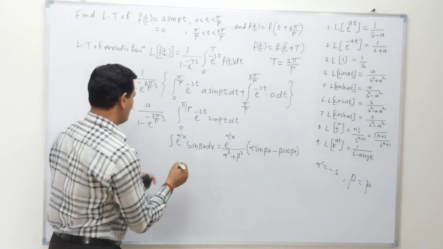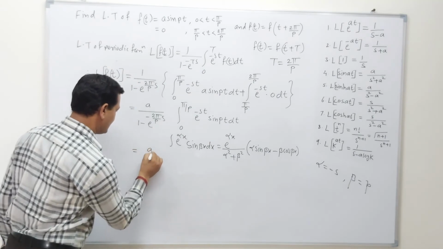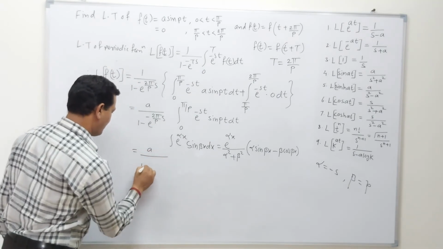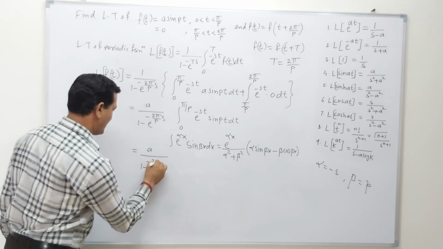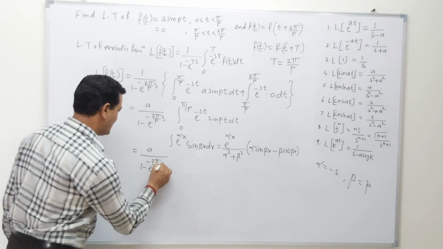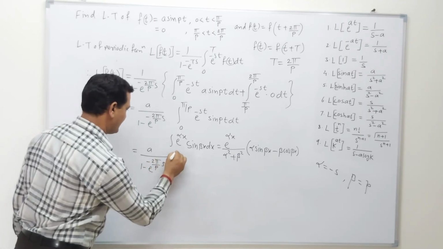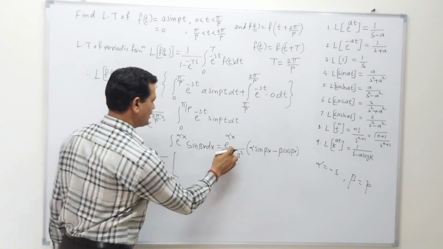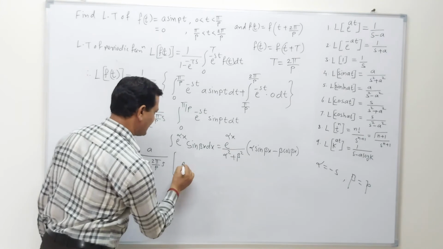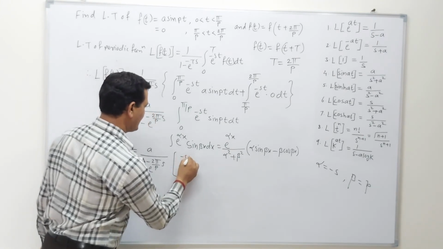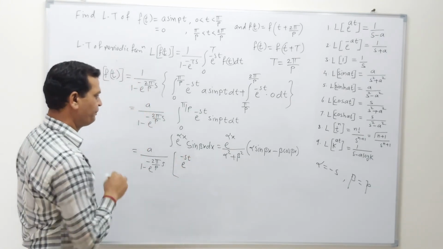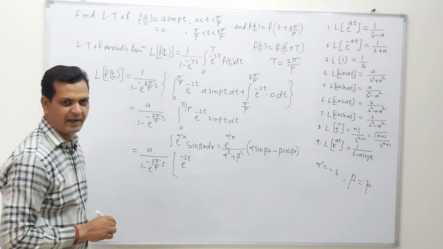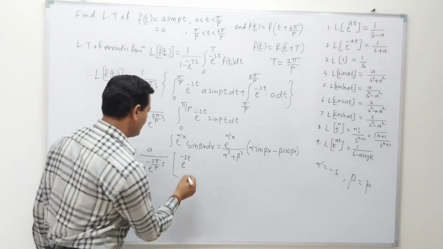So now applying this rule, we get the next step as a upon 1 minus e raised to minus 2π upon p into s, then in bracket we get e raised to αt, that means e raised to minus st. So the value of α is minus s, so e raised to minus st as it is.